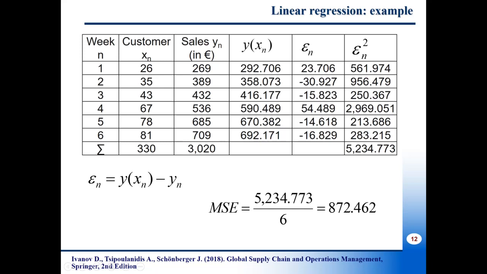And therefore, the mean square error is the total of the square errors divided by the number of weeks, equal to 6, and we found 872.462.